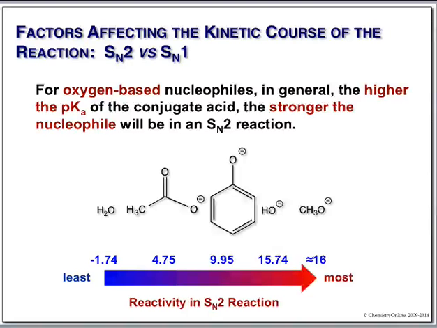Our nucleophile. If we have a very strong nucleophile, like methoxide, that's going to be very good at getting in there and kicking the leaving group off. It has lots of electrons, very basic thing. This is good.